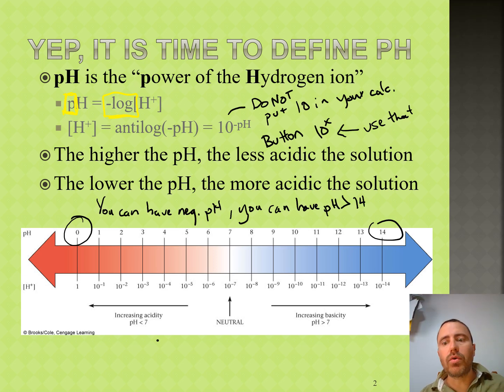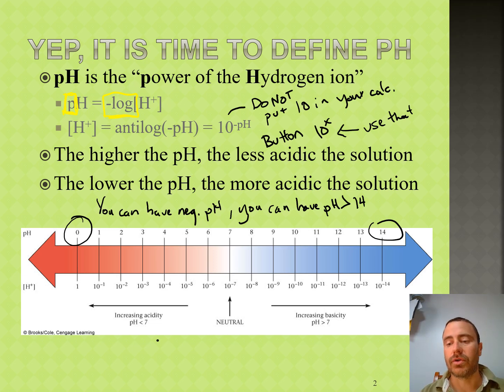It's just that most of the things we come across in our daily lives are somewhere between 0 and 14, and so we use this as our scale. But don't get caught up on it having to be somewhere in there. We're going to work a sample problem where we have a negative pH. That's okay. Just don't freak out if you get a value outside that range.